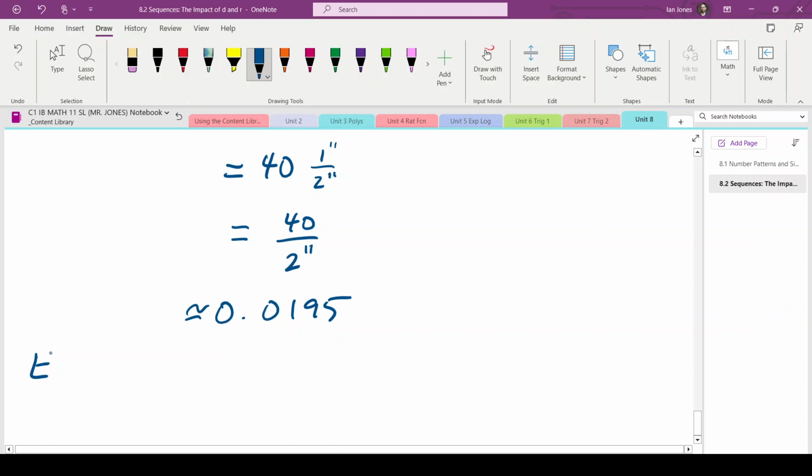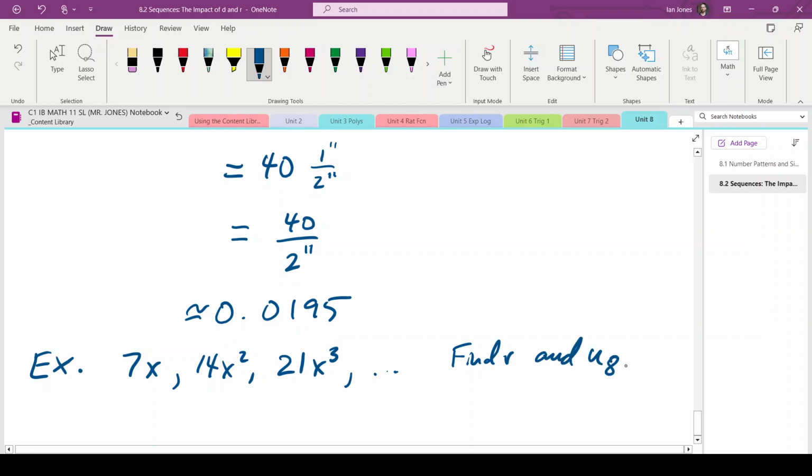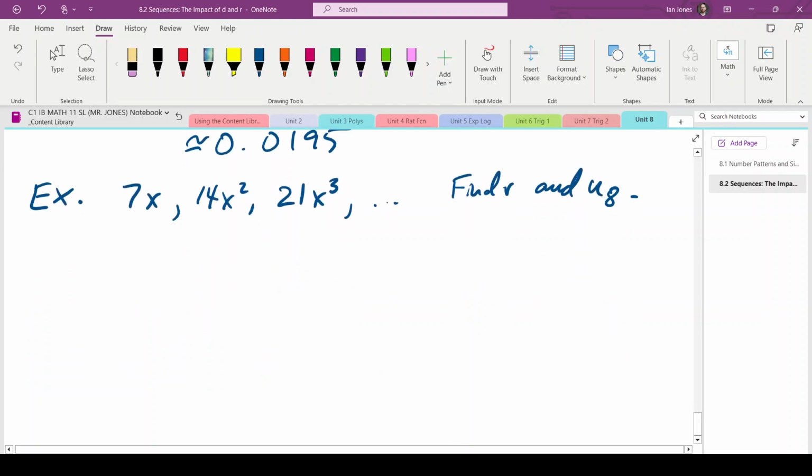Next, let's suppose we have this sequence: 7x, 14x squared, 21x cubed, and so on. And again, they say find r and u8. Okay, you don't need to be intimidated by the x's.